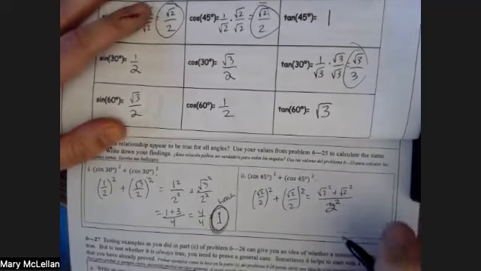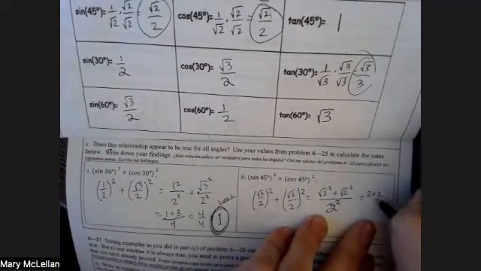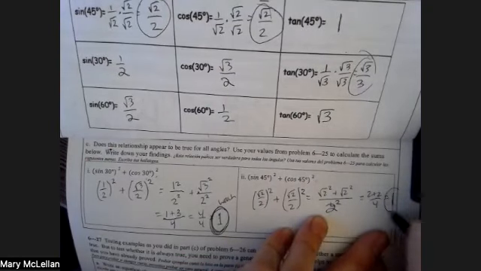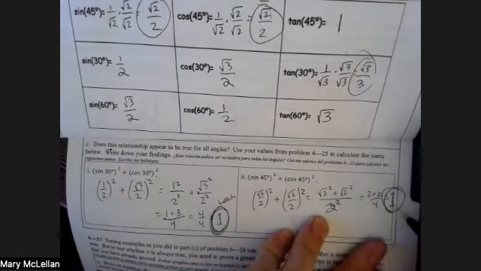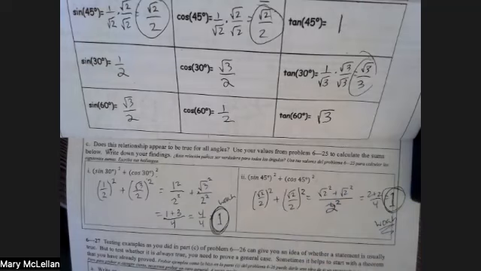That's 2 plus 2 over 4. Hey, that's also 1. Whoa! It's not always going to be 4 over 4, though. That's a coincidence.